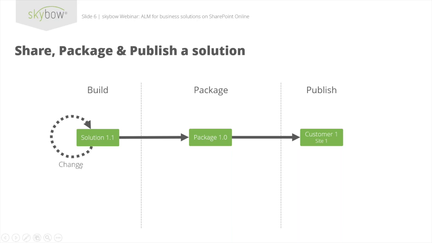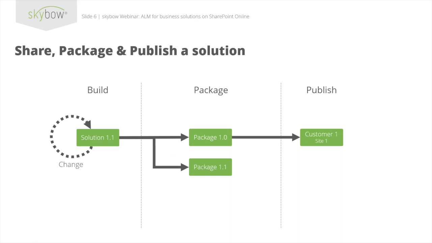Then the whole HR process starts. We're going to change something in the base solution, and it gives me a version 1.1. We had a meeting with our customer, and there we had some new requirements. We simply implement this on the base solution and create a new package.